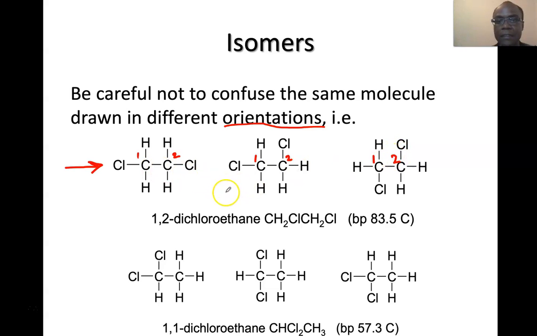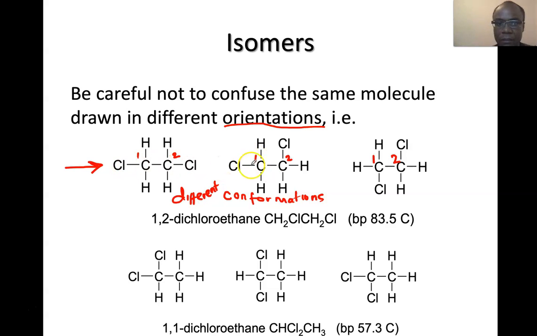So all these are the same. These are not structural isomers. These are just conformations. Different conformations of the same molecule. They have different conformations, but it's the same molecule.